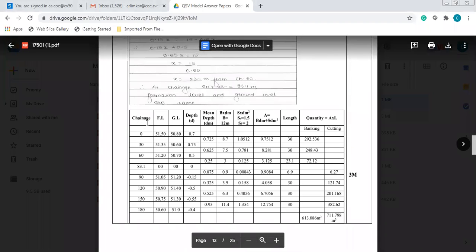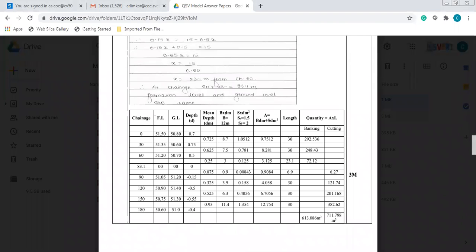So the table is like this: chainage 0, 30, 60, 90, 120, 150, 180. Formation level at the starting point is 51.50. You can make 4 rows for this particular thing, and columns will be 1, 2, 3, 4, 5, 6, 7. So 4 rows and 7 columns will be there.